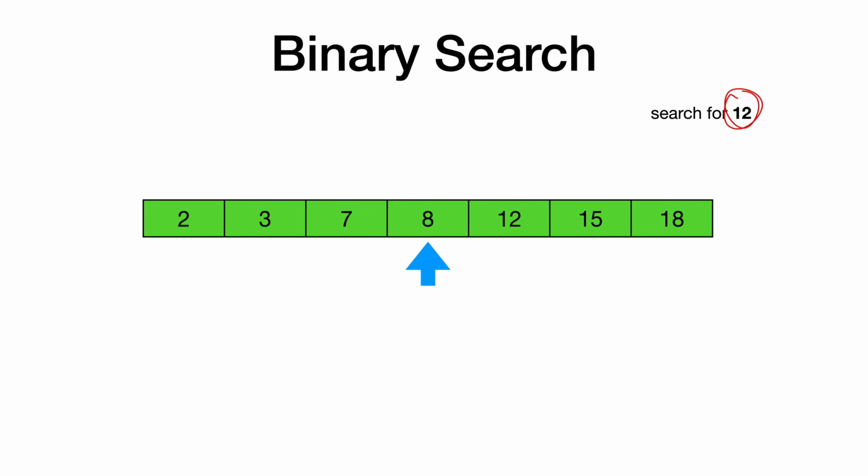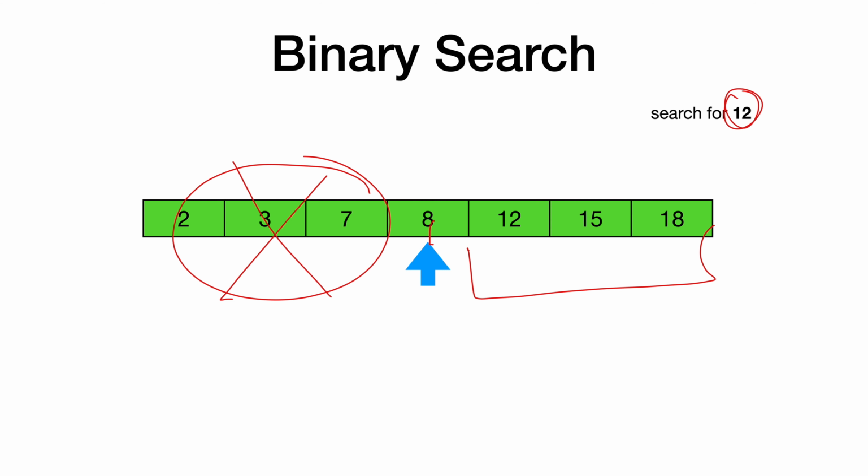It's going to start at 8, and it's going to say, well, 8 is not 12, and 8 is smaller than 12, which means if 12 is in the array, since it's sorted, we know that 12 can't be here. So let's look just at this side of the array and do the same thing. We know it's not this one, and we know it can't be over here. So it must be one of these three elements.